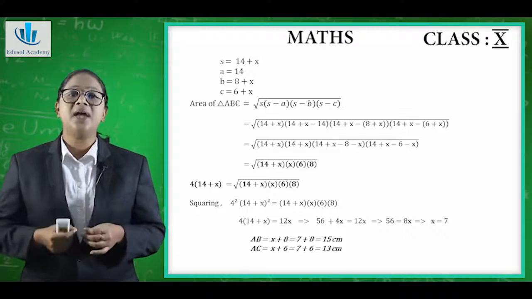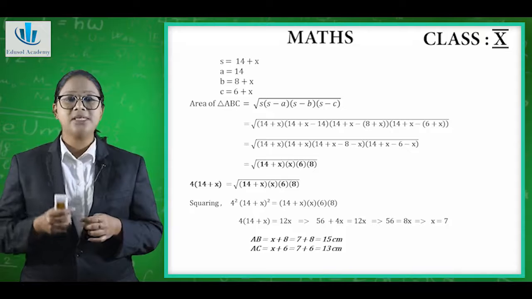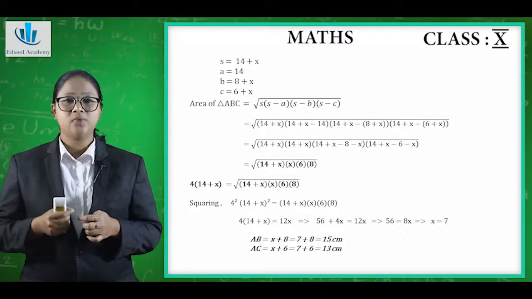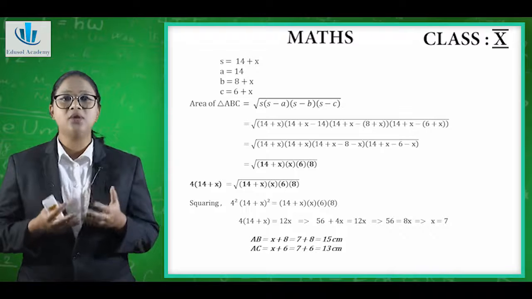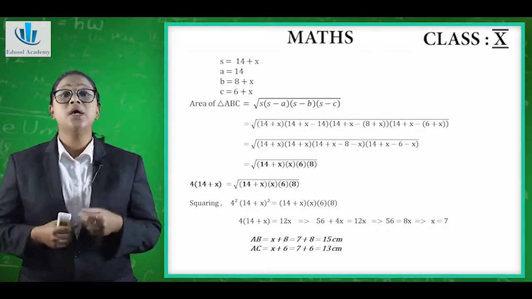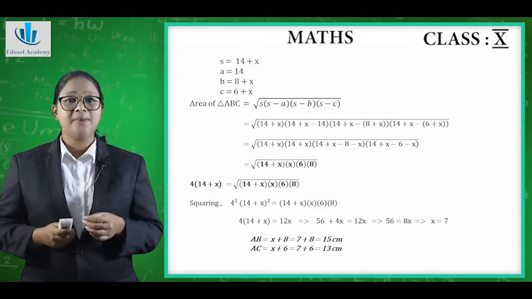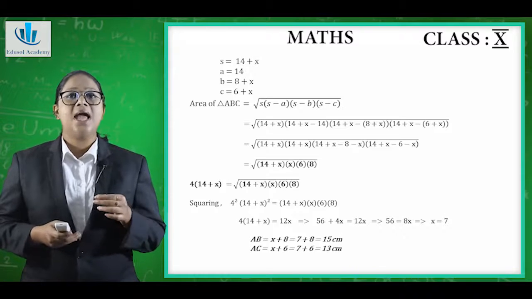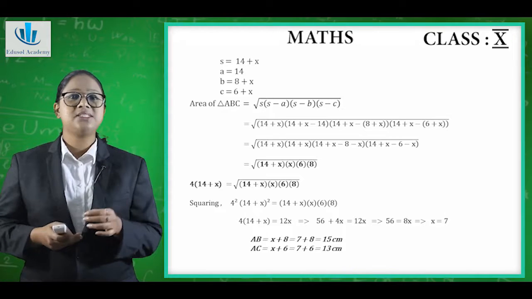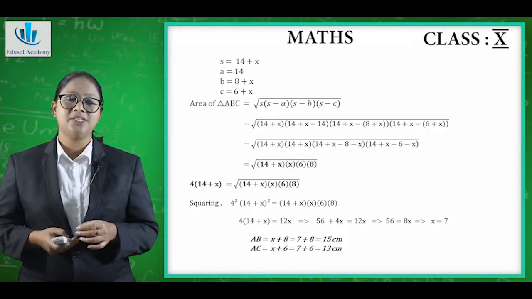That way we can find the value of x as 56 by 8, that is equal to 7. So we can now substitute the value of x to find AB and AC. So we will get the length of AB as 8 plus 7 is equal to 15 centimeter and AC as 7 plus 6 is equal to 13 centimeter.